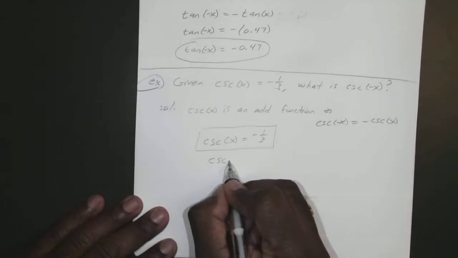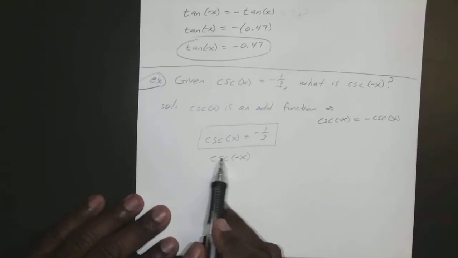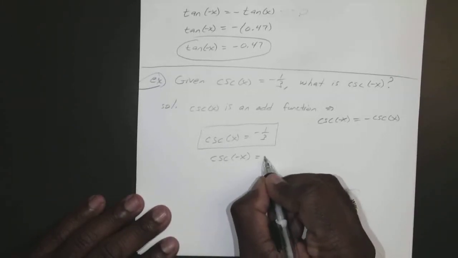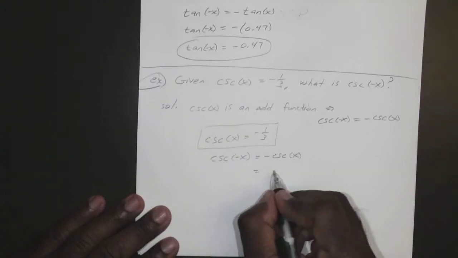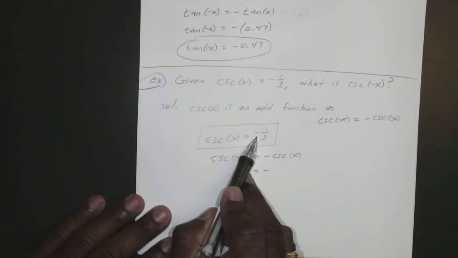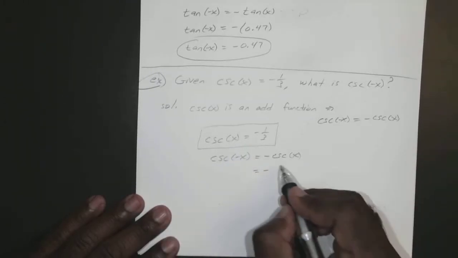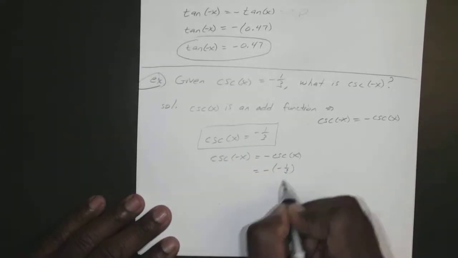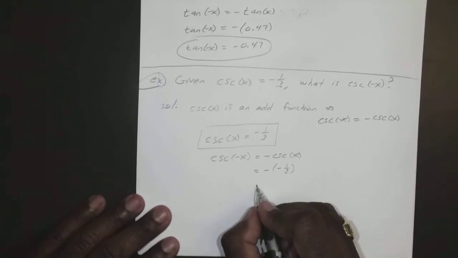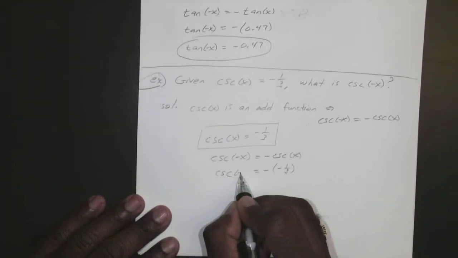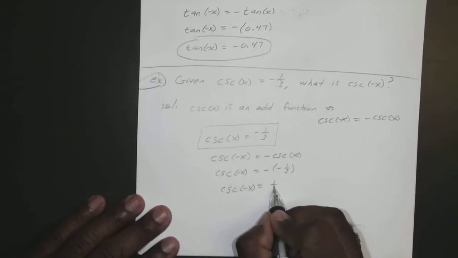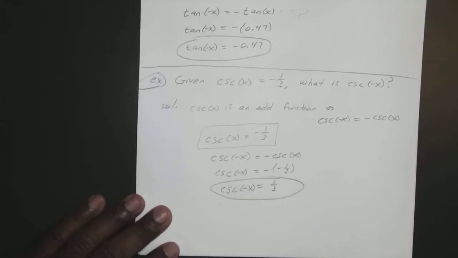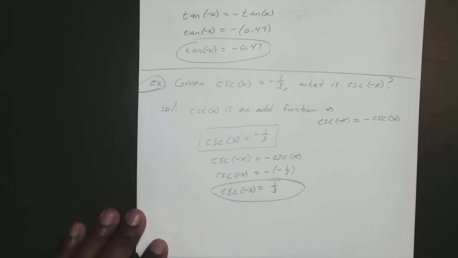So negative cosecant of x, we can replace that with negative 1/3. So it ends up being positive 1/3. All right. So any questions on that one?